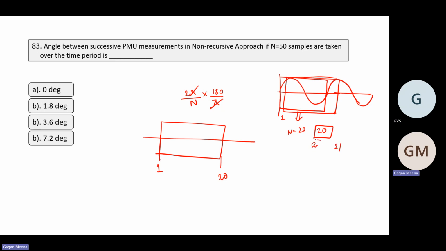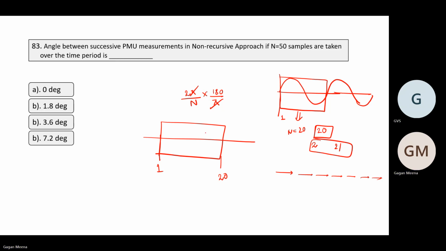Again we calculate the DFT for these 20 samples, and we keep doing it, every time calculating the DFT again and again. This is non-recursive. Is it clear? Yes, sir.